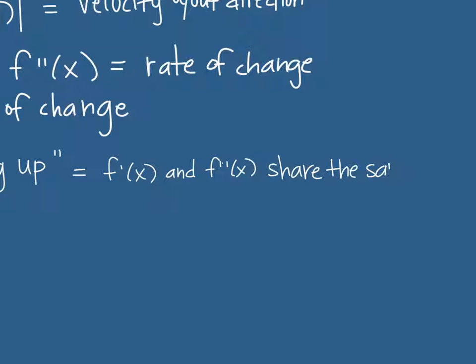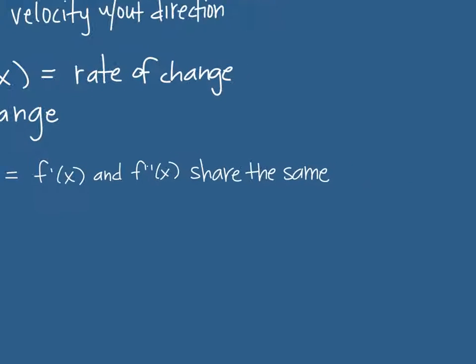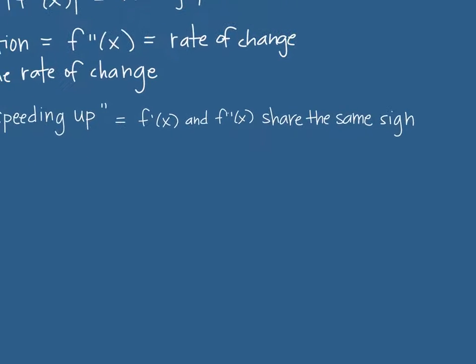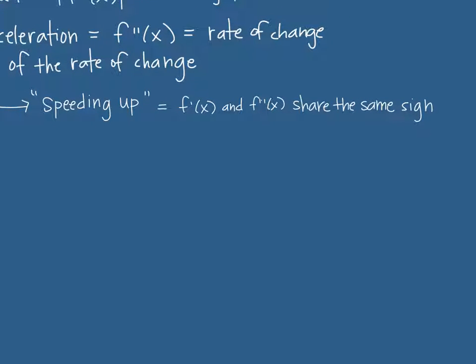That means either they are both positive or they are both negative. A lot of people get the positive part. They look at just speed or velocity and they're like, oh, it's positive, therefore it must be speeding up. That's not true. You can have positive velocity but still be slowing down. Anytime you come to a stoplight, you're doing that.